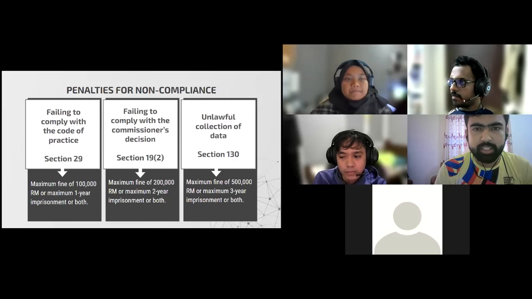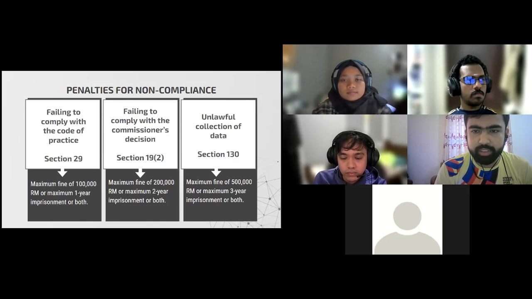And if the data subject is not satisfied with our answer, he can go to the data commissioner, and the data commissioner, upon judging by the evidence, can give his final say, and we must abide by that. If we fail to abide by that, we can be fined a maximum of 200,000 ringgit, or 2 years in jail or both. And in accordance with PDPA Section 130, if we collect data unlawfully, then we are subject to a maximum fine of 500,000 ringgit or 3 years in jail or both.